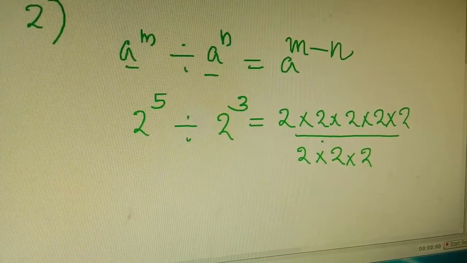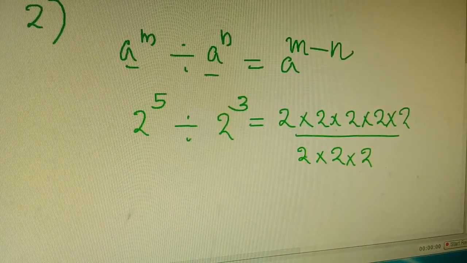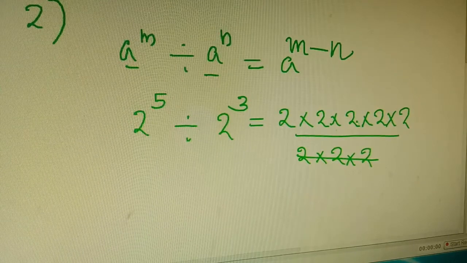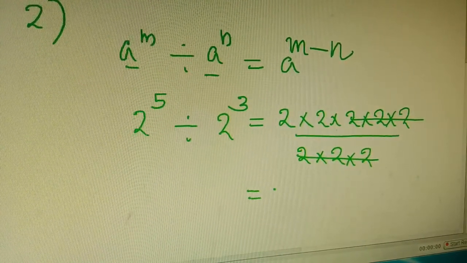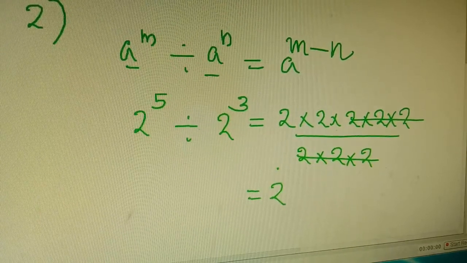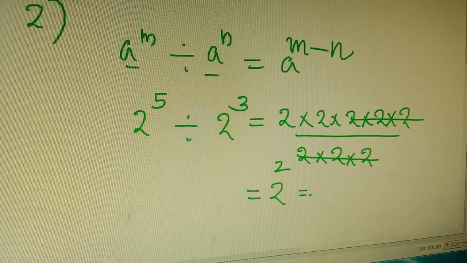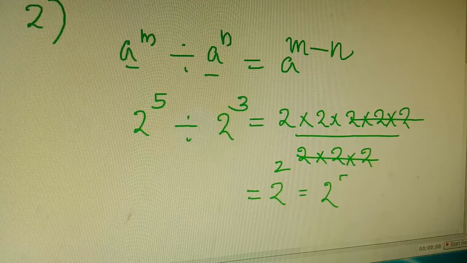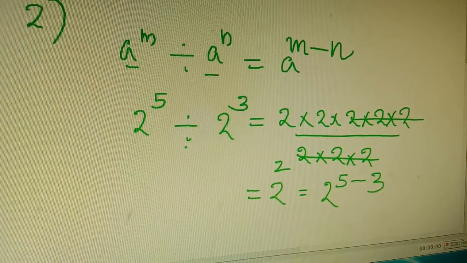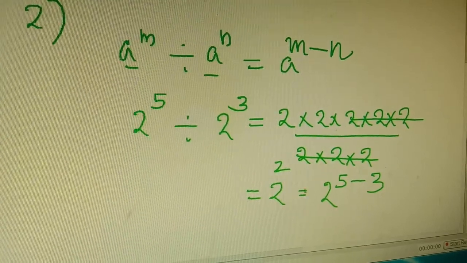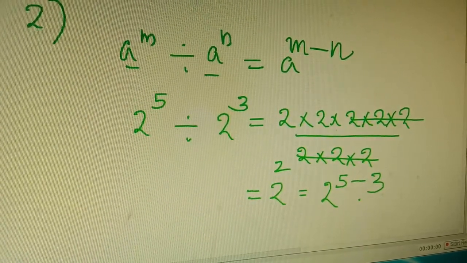Here we can see three 2's that we can cancel from numerator and denominator, and there are only two more 2's, that is 2 to the power of 2. This is actually 2 to the power of 5 minus 3. So 2 to the power of 5 divided by 2 to the power of 3 is equal to 2 to the power of 5 minus 3.